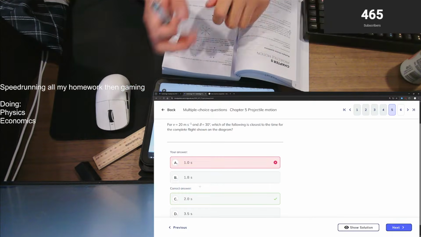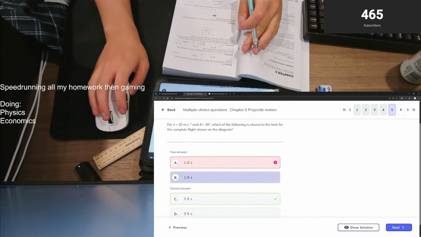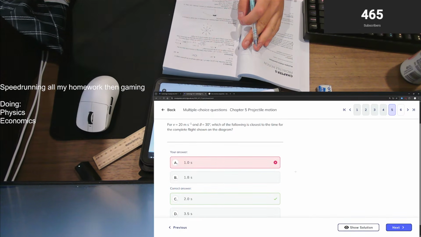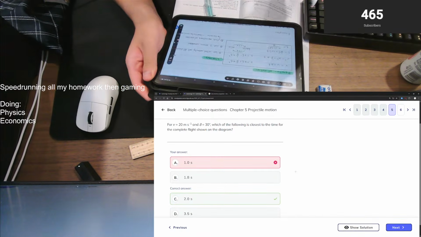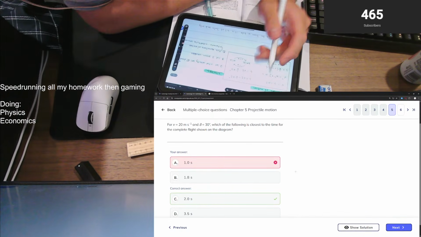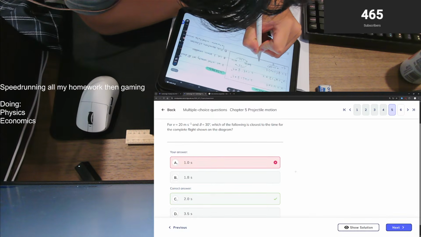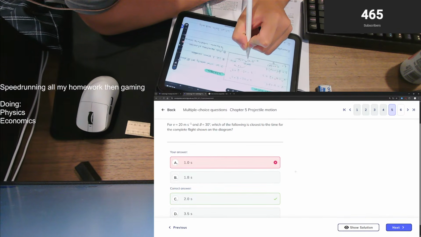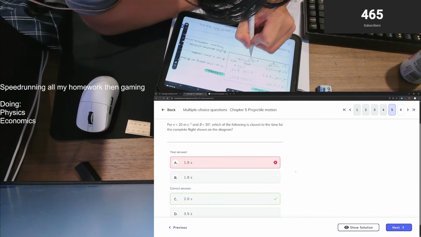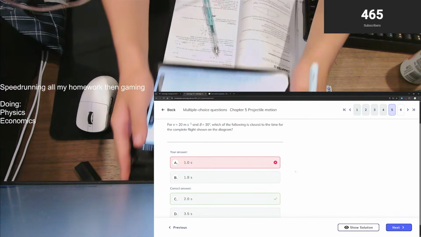A equals V minus U on T. Yo, that's a thing? I think I should write that down. Why?